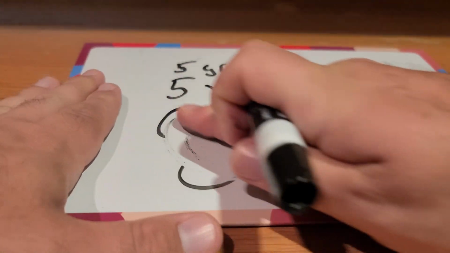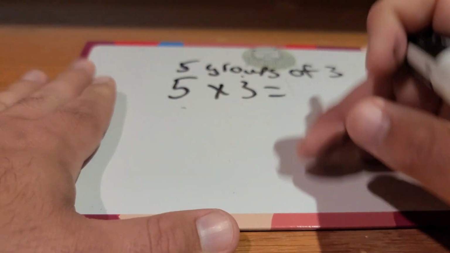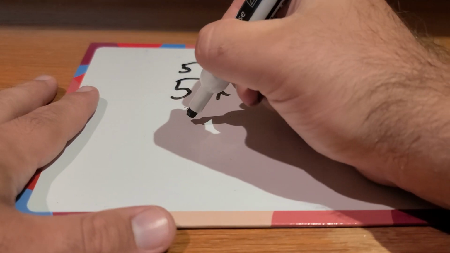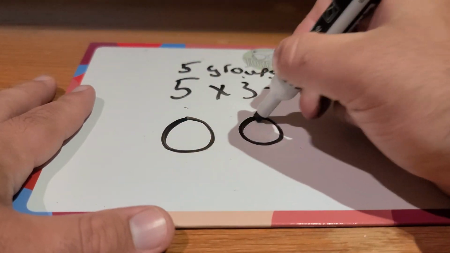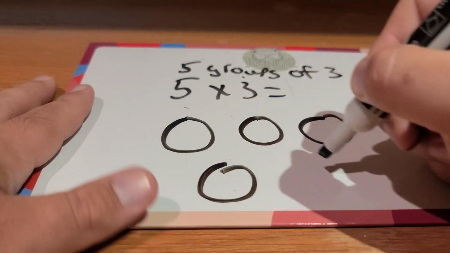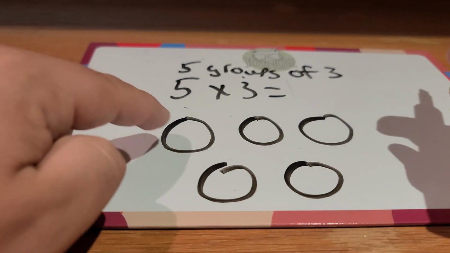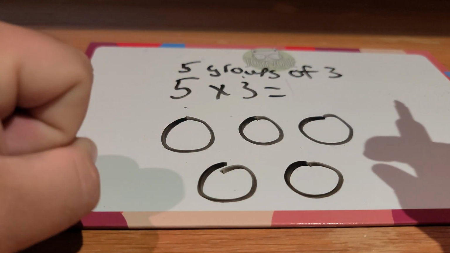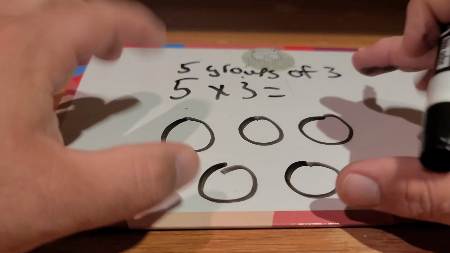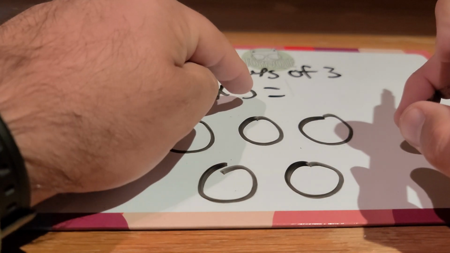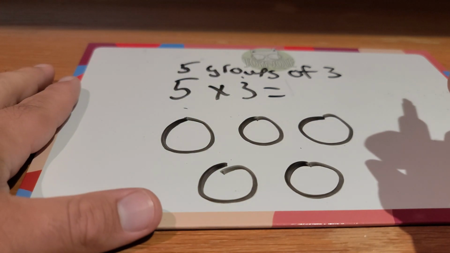Another way you can do it, draw your groups. 1, 2, 3, 4, and 5, and then put dots in each one. So we're not putting 5 dots. That's our number of groups. We're putting 3 in it.